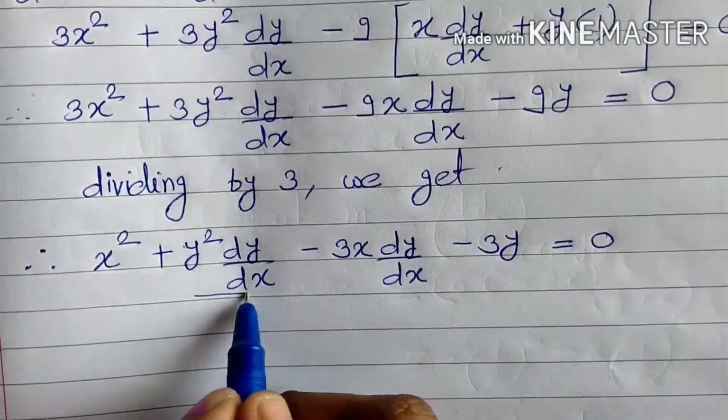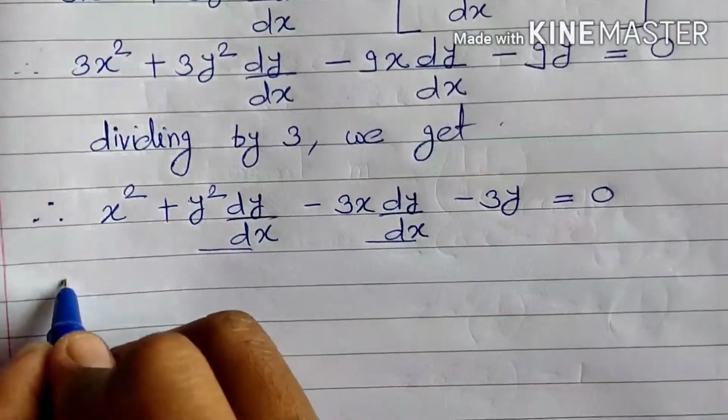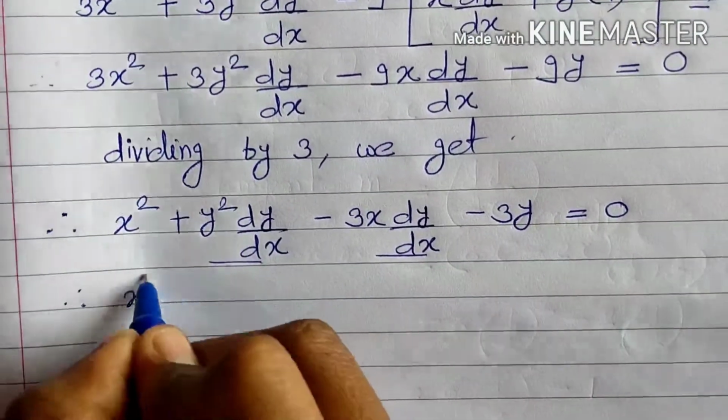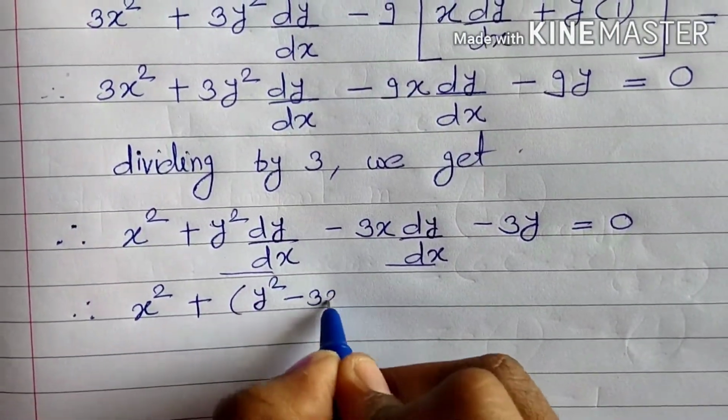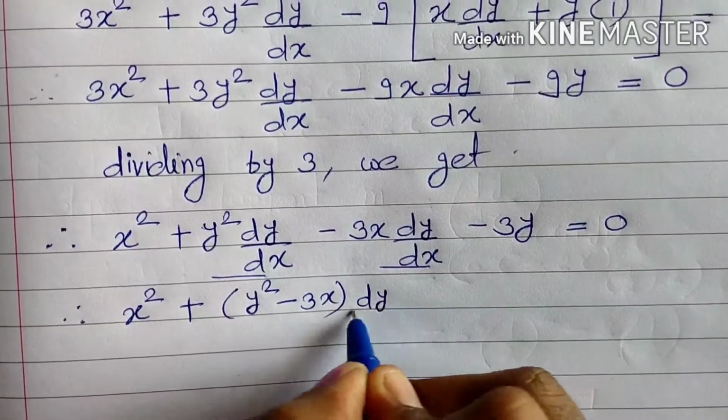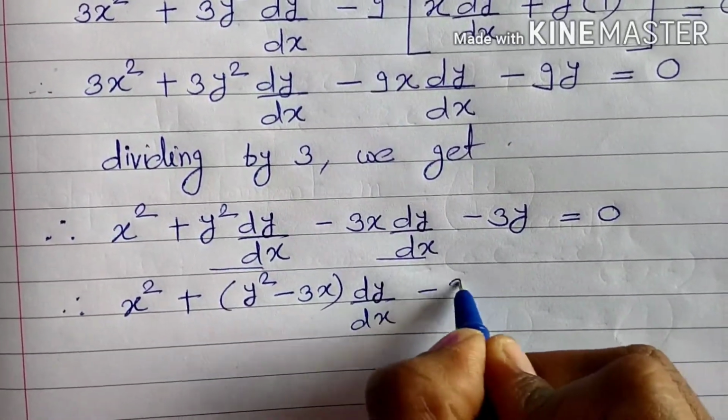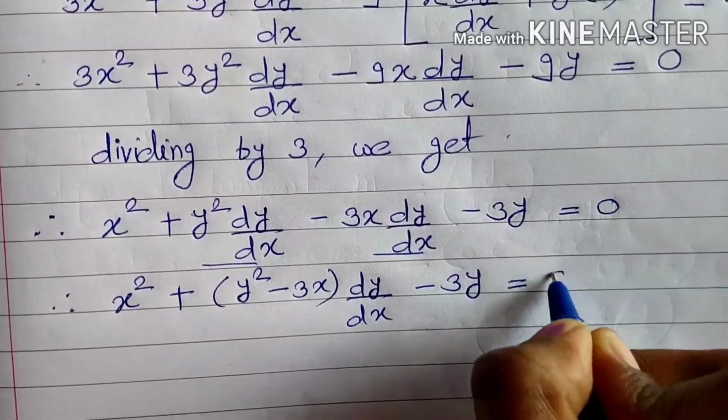Now collect the term of dy by dx and take common. So (y square minus 3x) dy by dx minus (3y)... which is equal to 0.